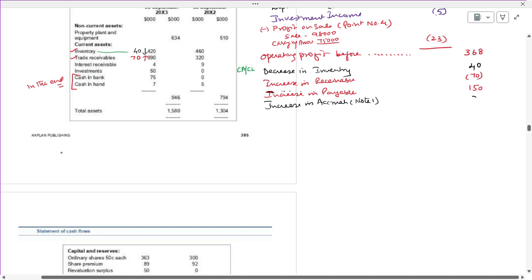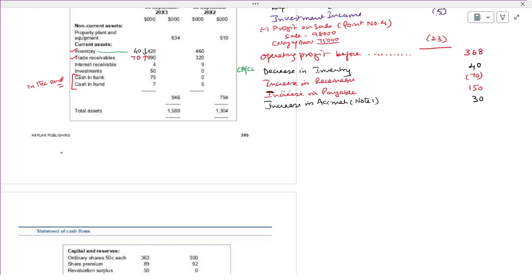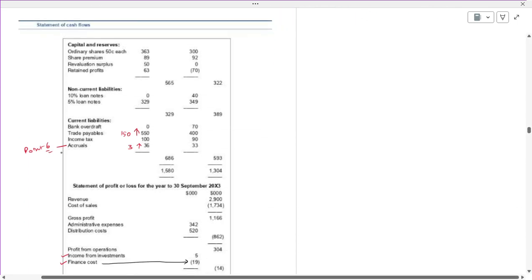How much increase in accruals? 30. Fine. We have taken the trade payables, we have taken the accruals.